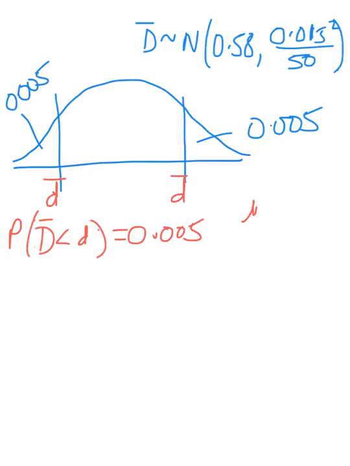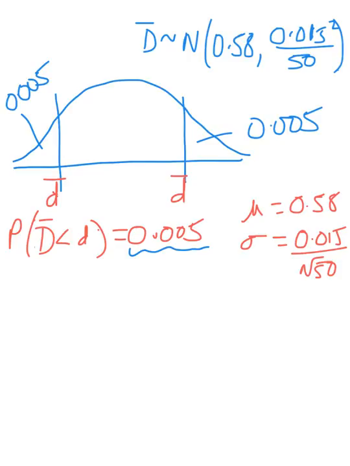So if I use a mean of 0.58 in my calculator and a standard deviation of 0.015 over root 50, then I will get my D value, and I make the area equal to 0.005. My value will be equal to 0.5745.